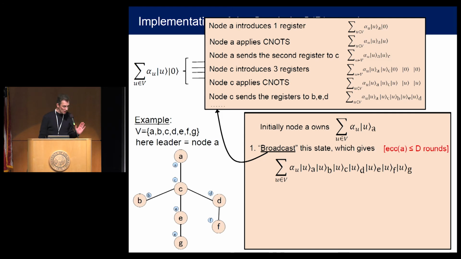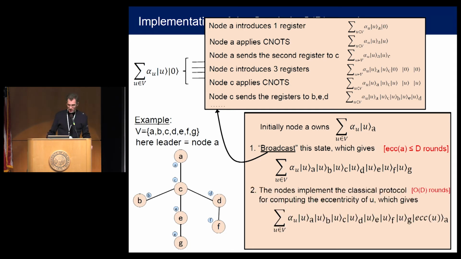In general, you can do it on an arbitrary graph using essentially the same algorithm as I explained in the first part of the lecture, the breadth first search algorithm that propagates the information from the source. And the cost, the number of rounds needed to do this, is exactly the eccentricity of A. Okay? So this is the first step.